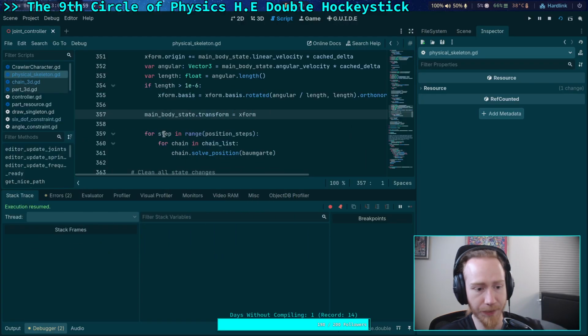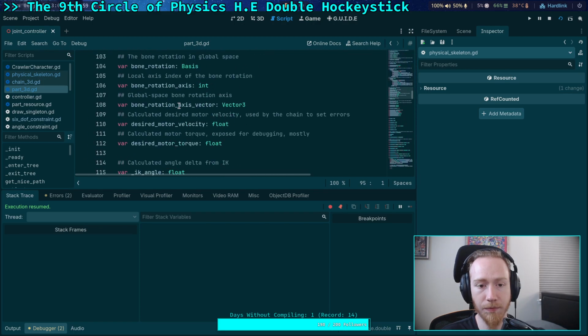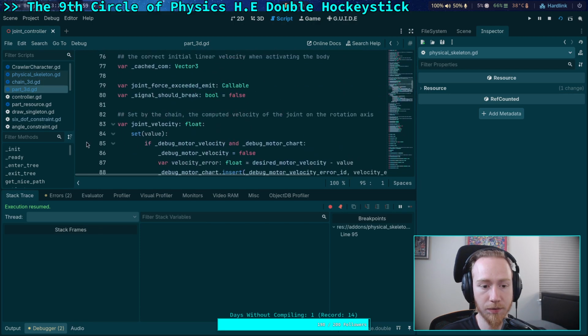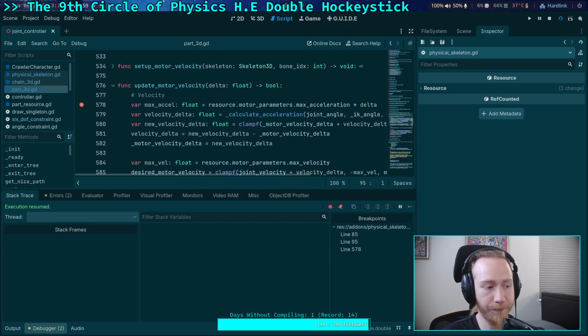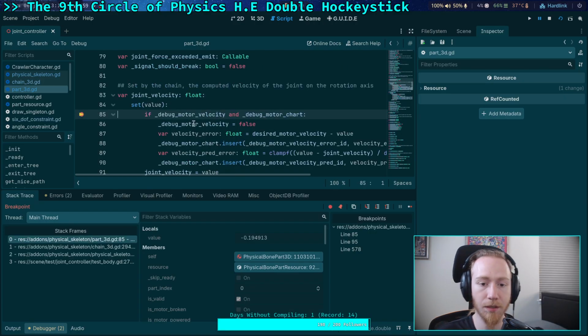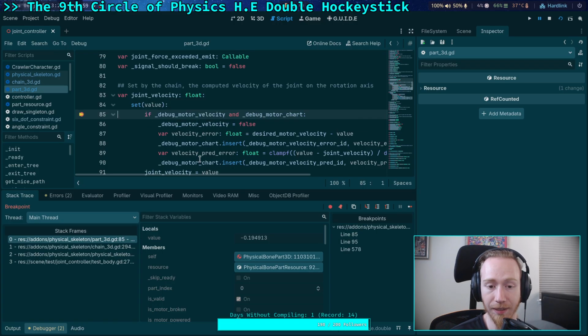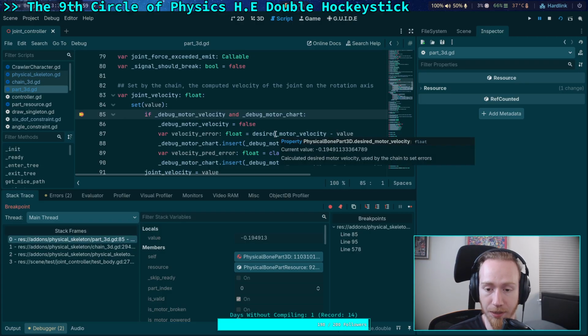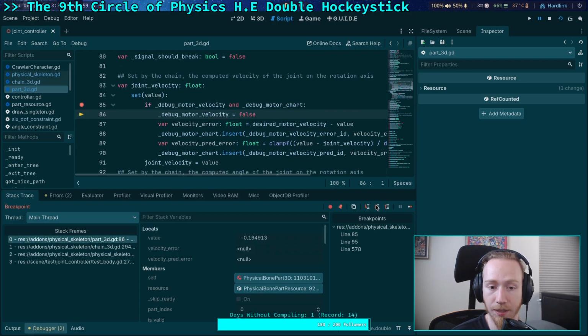Yep. So, yeah, what I wanted was that, apparently. I calculated that. Okay, so yeah. My desired velocity was 1.9. It came back as pretty much the same value.